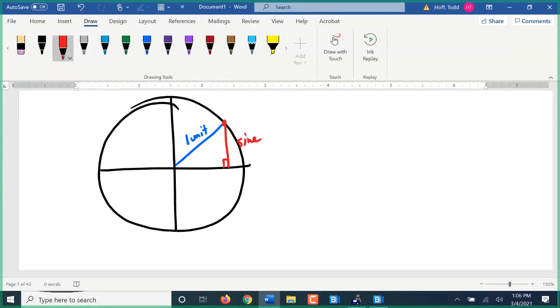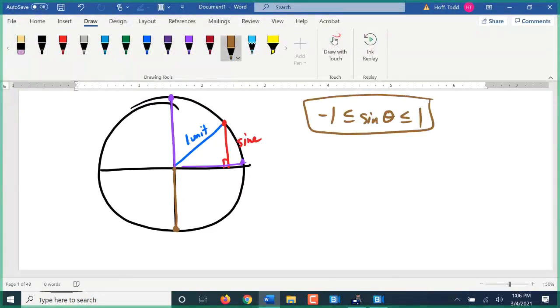Well, the largest the sine could possibly be is if our point was here. That would just be equal to the radius, 1 unit. The smallest it could be, technically you go right here, your sine could come down to 0, but it can actually go down here. If it's below our reference axis, it's negative. So the sine can be between -1 and +1.